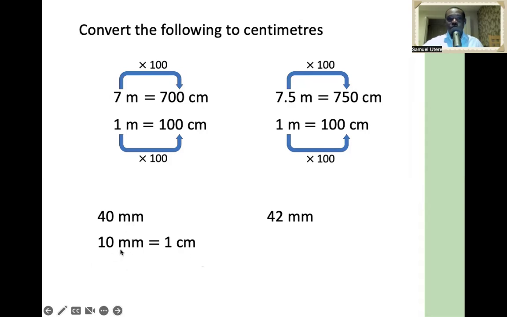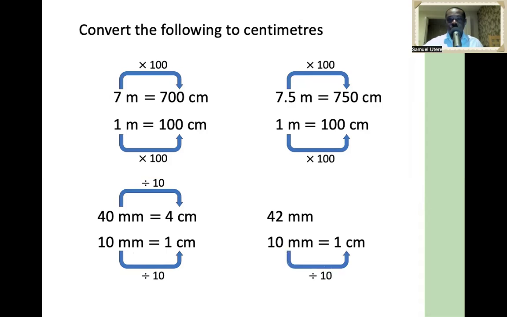We know the relationship between millimeter and centimeter. How do we get from 10 to 1? Oh, we're going to have to divide by 10. So you do that to 40, and that gives you 4 centimeter. If we do the same for the 42 millimeter, that gives us 4.2 centimeter.